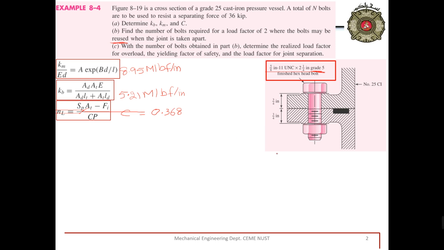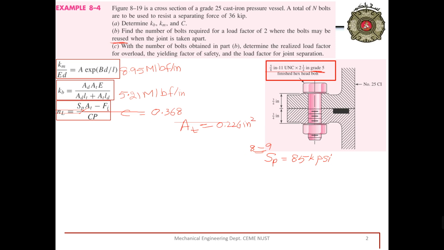So Sp is equal to 85 kpsi from table 8-9. For At, the value is already calculated. In the last slide, I have already written that the value of At was 0.226 inch square.